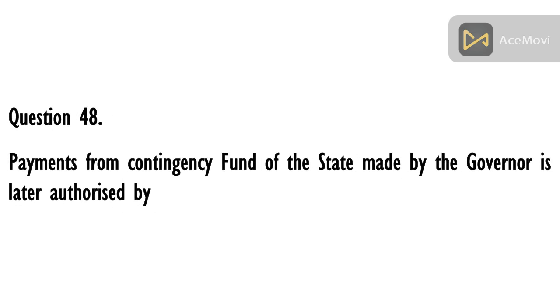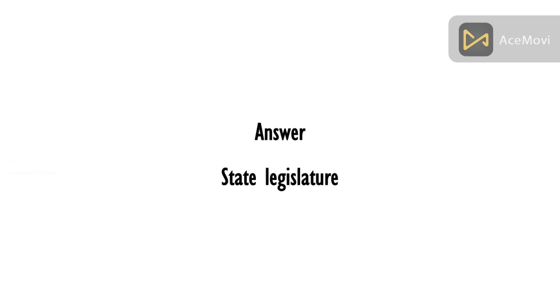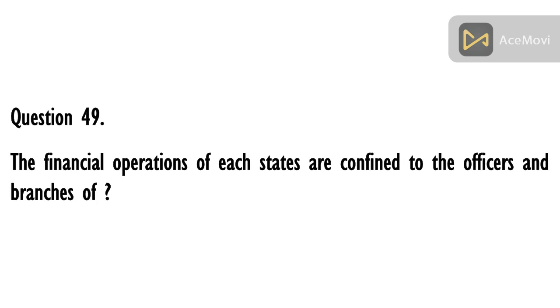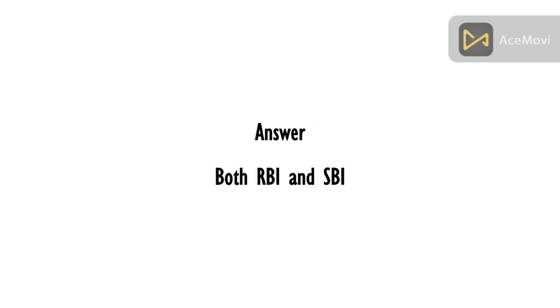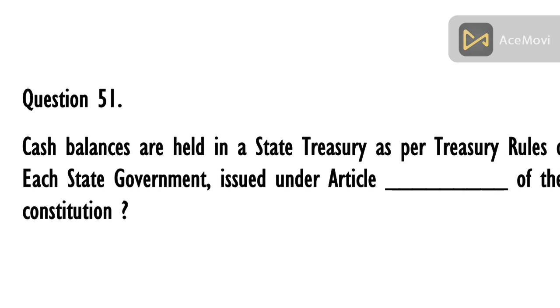Question 48. Payments from contingency fund of the state made by the governor is later authorized by the State Legislature. Question 49. The financial operations of each state are confined to the officers and branches of both RBI and SBI. Question 51. Cash balances are held in a state treasury as per treasury rules of each state government issued under Article 283 of the Constitution.